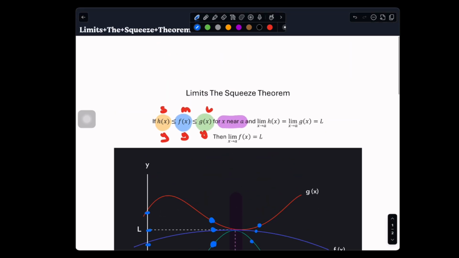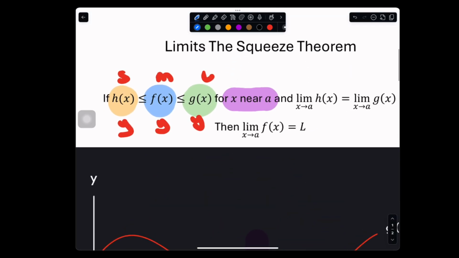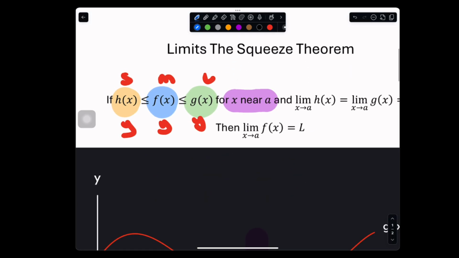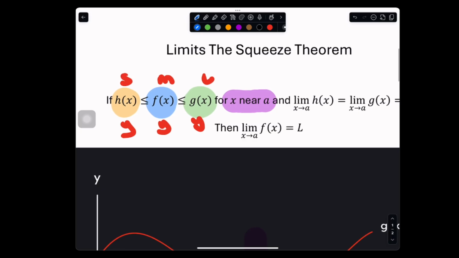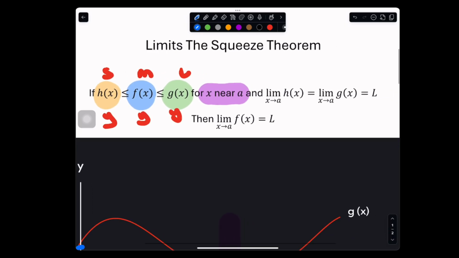So if you have the h, f, and g smaller, middle, larger for the values of x near a, and you know the limit of what? H equals the limit of g is that finite number L. So remember, this is the smaller function and the larger function.